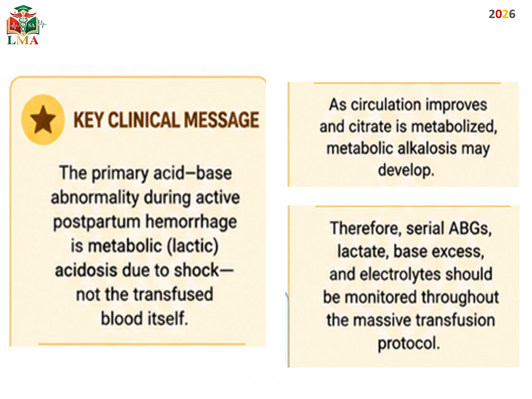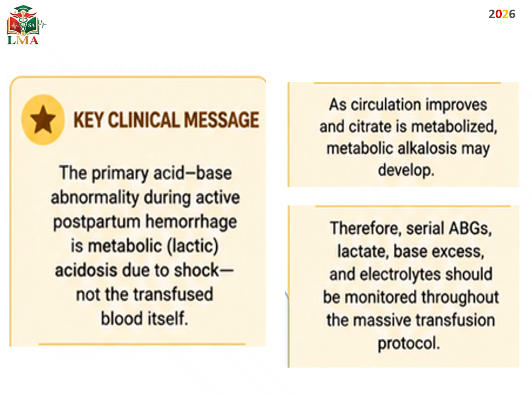The key clinical message is that the primary acid-base abnormality during active postpartum hemorrhage is metabolic acidosis due to shock, not the transfusing of blood itself. As the circulation improves, the situation will change from metabolic acidosis to metabolic alkalosis.